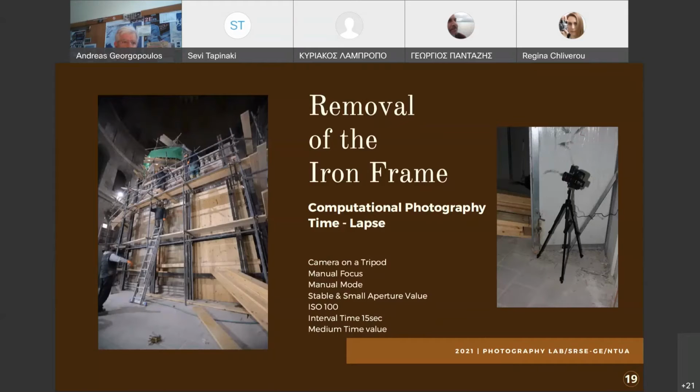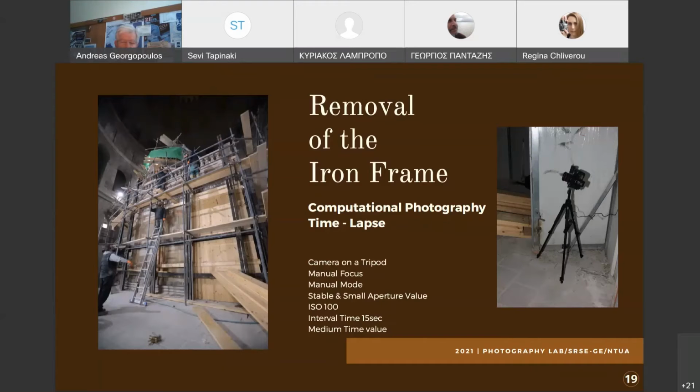Then we adjusted the camera to manual mode to have absolute control of the exposure, and set the aperture and time value as conveniently as possible, first to achieve a large depth of field by using a small aperture value, but also to keep the aperture value completely stable so that the depth of field is also stable in all the images.